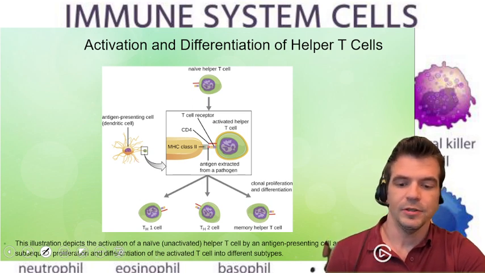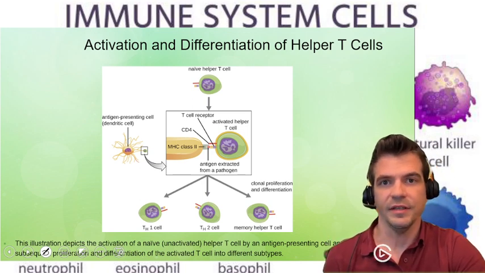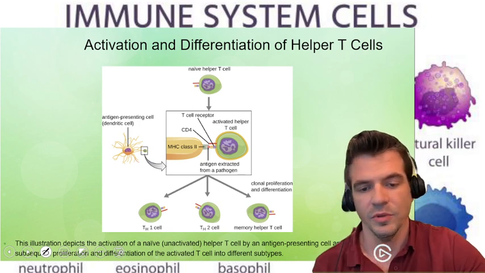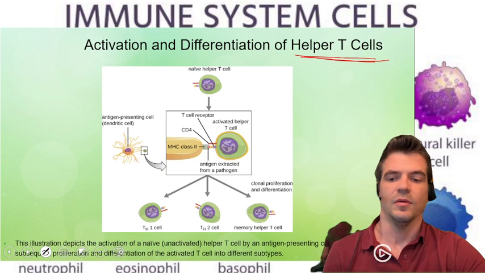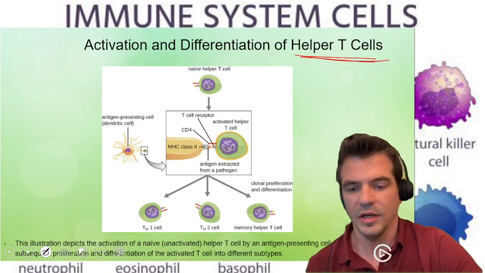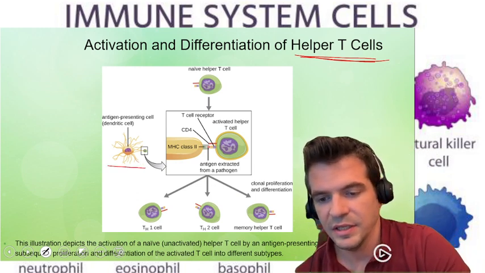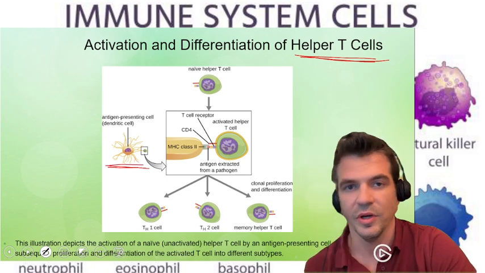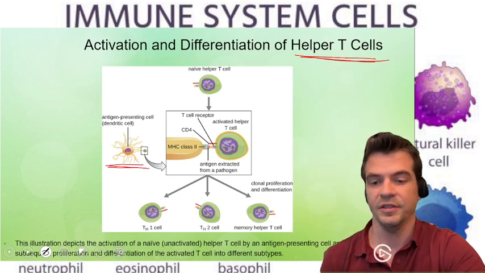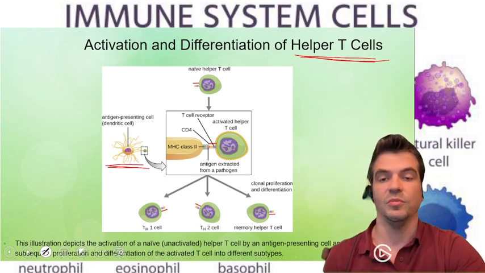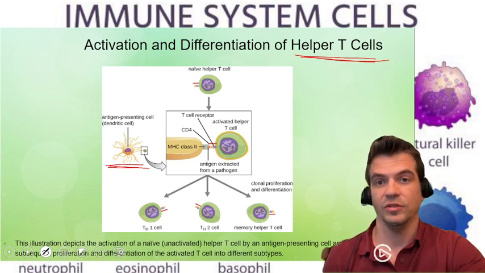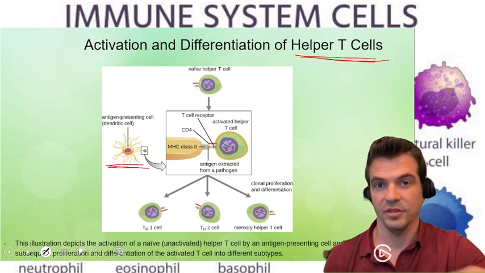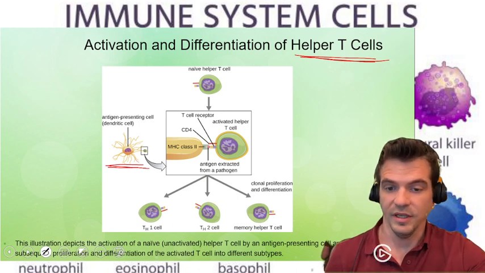If we're going to activate the helper T cells, we need to have presented the antigen, right? So we already need to know that process. This antigen presenting cell has engulfed the pathogen, destroyed it, found some antigens, and now is presenting it.